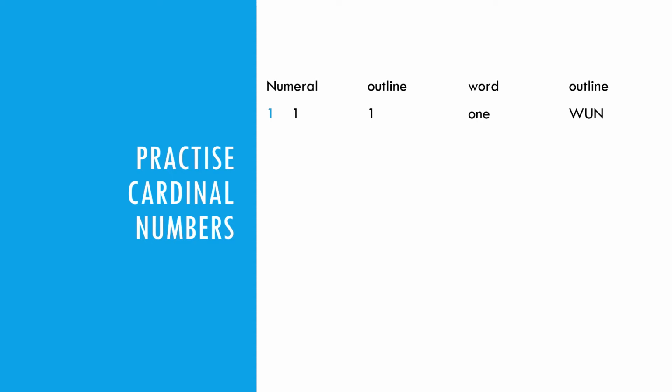You will learn in your Eclipse software how to set it to get the figure, or you can set it to get the number written out, even when you press the number bar. When you want to write the word 1, you will write W-U-N. This you have done very early in your theory.